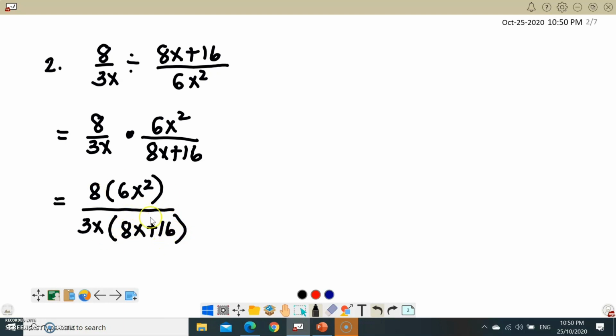So to simplify, factor the numerator, factor the denominator, and cancel out common factors whose quotient is equal to 1.